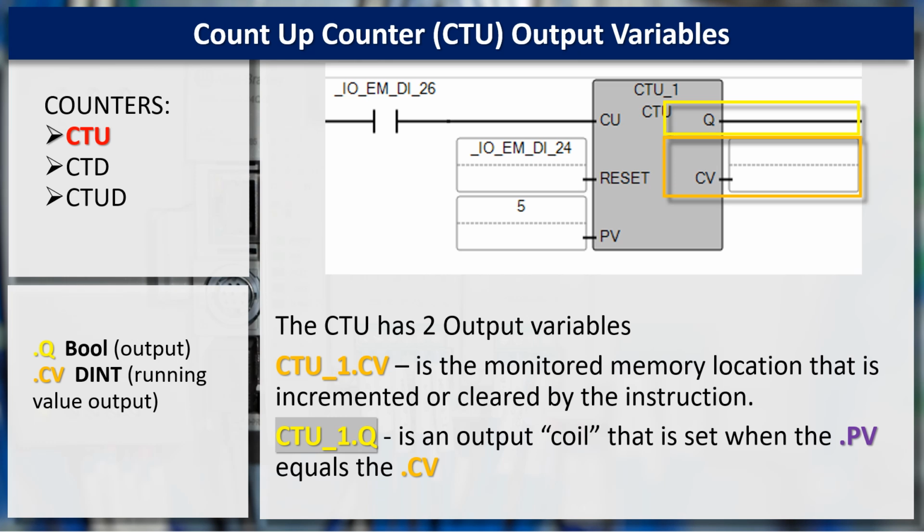In this particular case, it's left blank because we won't see anything until the counter is being programmed. CTU_1.Q is its output coil. So internally, when it's true, it's going to turn on an output coil. And that is set when our programmed value, PV, equals the current value, CV.